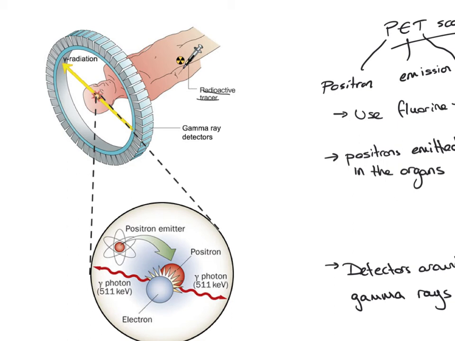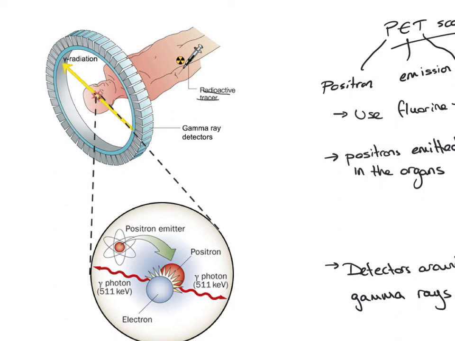It has a very short half-life, so it usually needs to be produced near or at the hospital with particle accelerators, but that doesn't matter right now. Once injected into the body, the tracer will go to the part that's needed. In this case, in the picture you see, it goes to the brain.